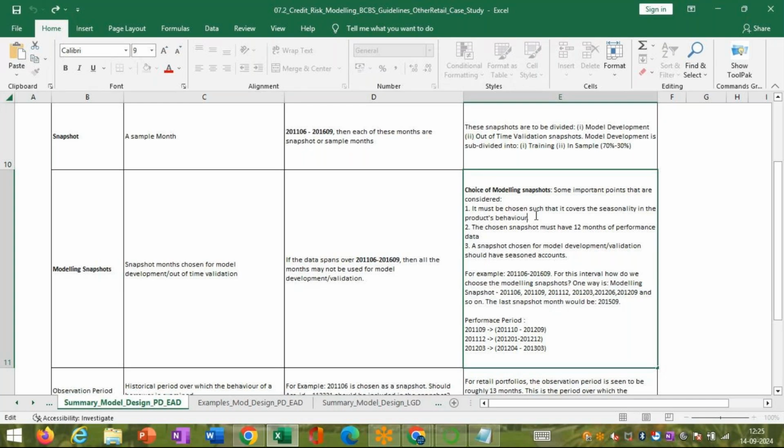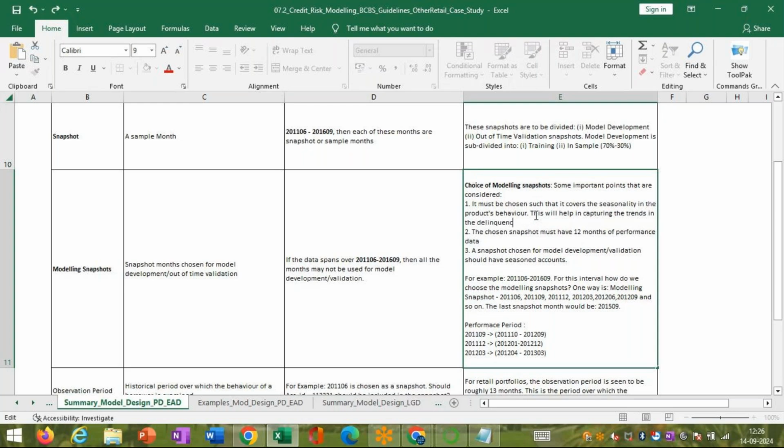So I will add one more line to this. This will help in capturing the trends in the delinquency and payment pattern at different points of the year.